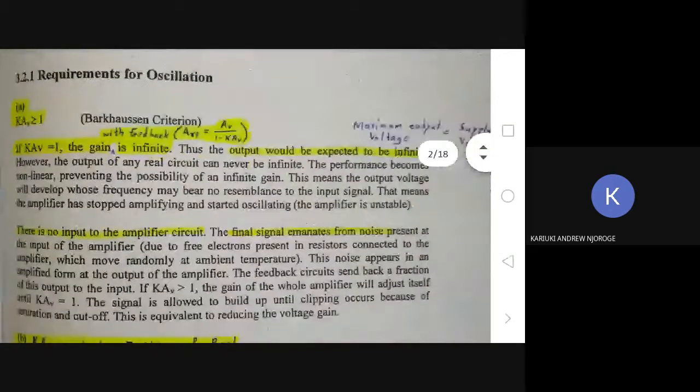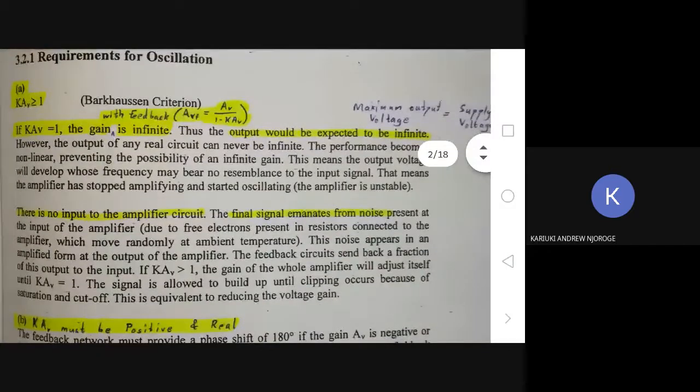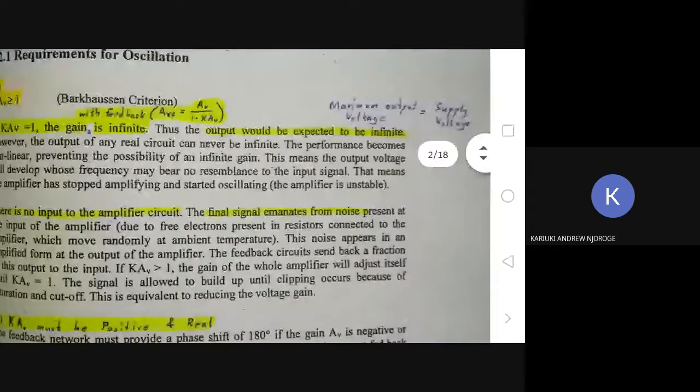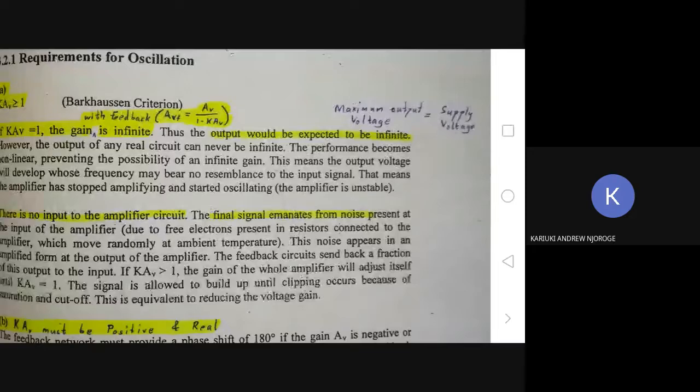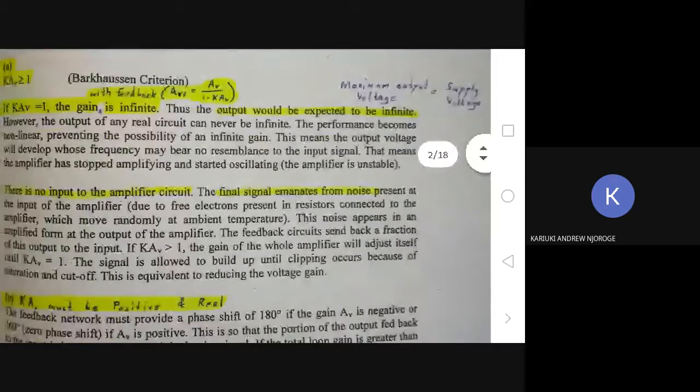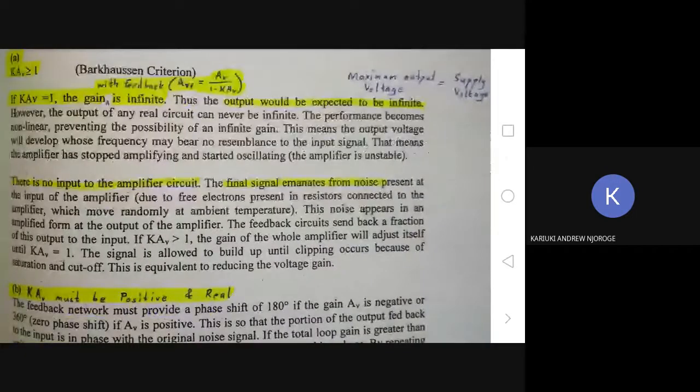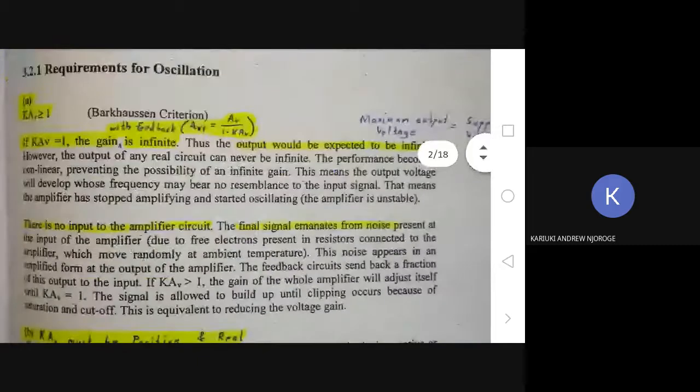But the output of any real circuit can never be infinite because the maximum output voltage would be equal to the supply voltage. So the performance becomes nonlinear, preventing the possibility of an infinite gain. So the output voltage would develop whose frequency does not resemble the input signal.